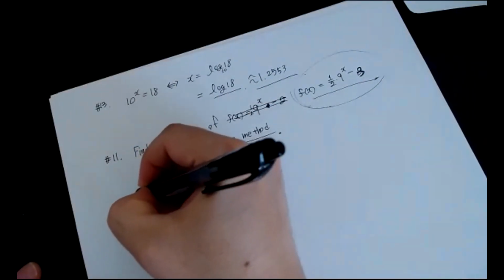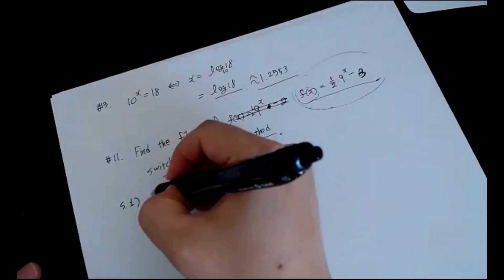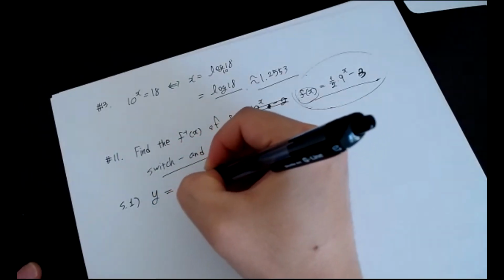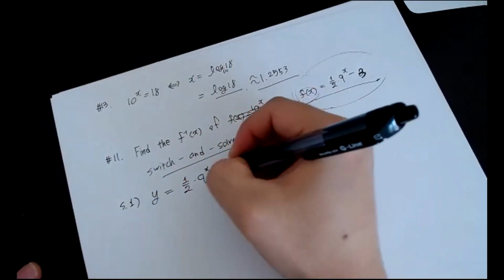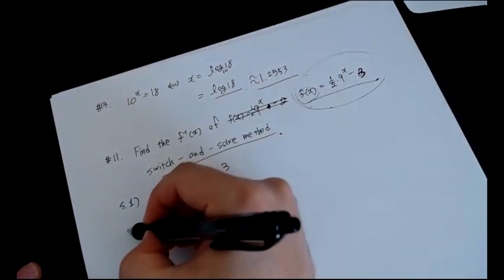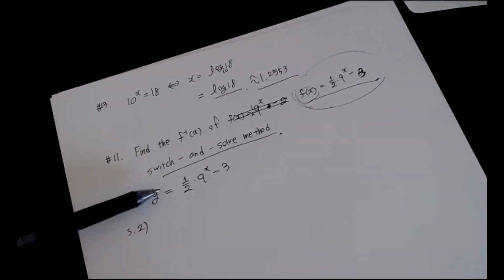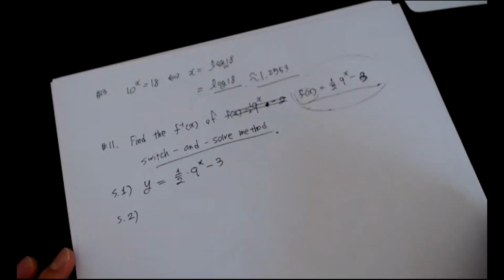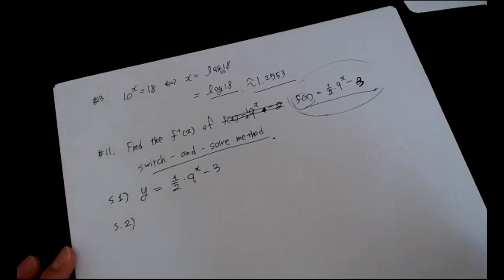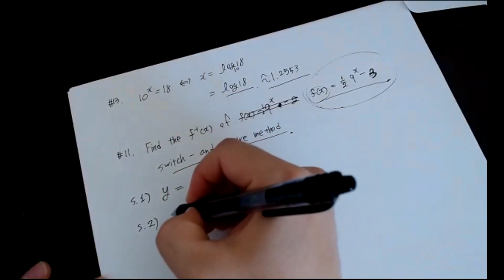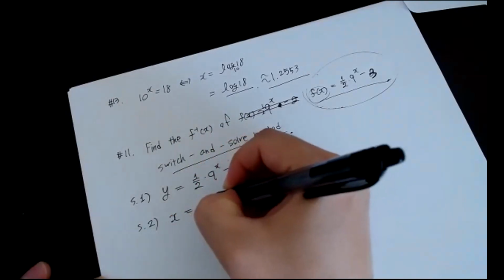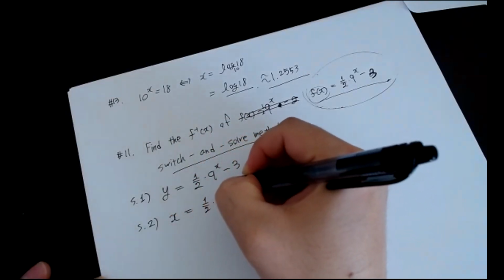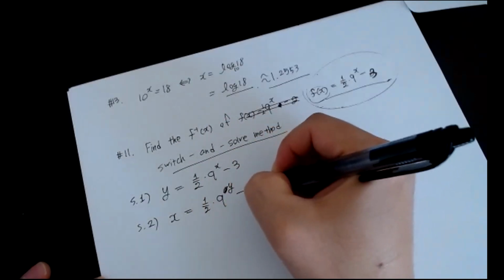So in step 1, replace f of x by y. So we got y is equal to 1/2 times 9 to the x power, and then -3. In step 2, the switch and solve method, I did go over this when I covered the inverse function in chapter 2. So if you forget this one, just look at it. Then interchange x and y, so x is equal to 1/2 times 9 to the y, -3.